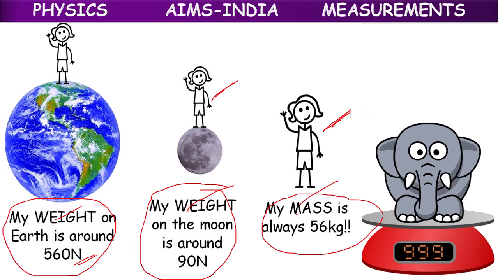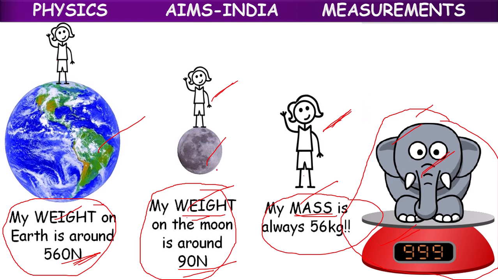One time she is telling mass, another time she is telling weight. That weight also, on the moon different weight, on the earth different weight. This elephant picture is funny, children, because this balance cannot hold the weight of an elephant, it will break. So it's just a clip art, children.